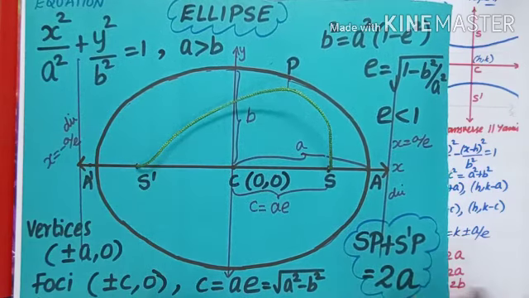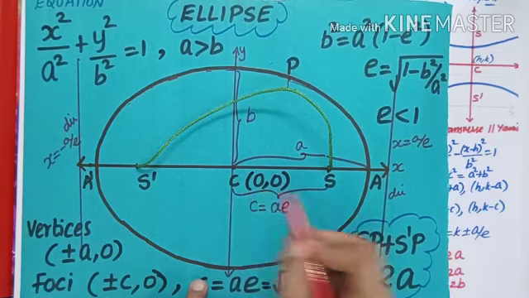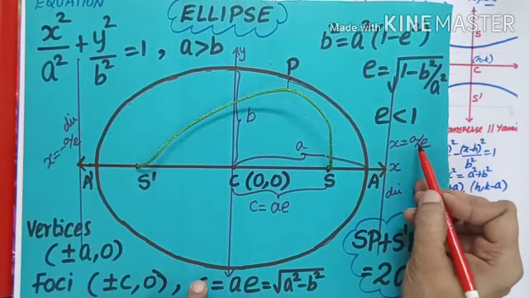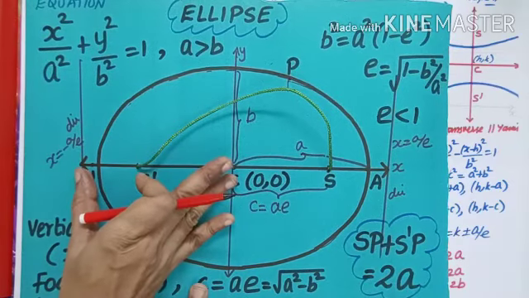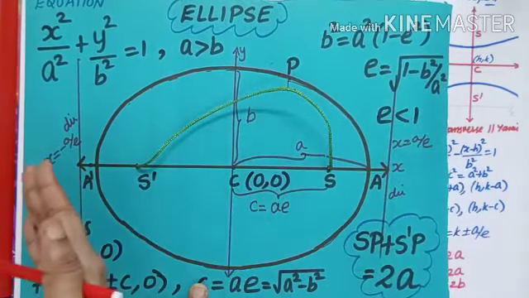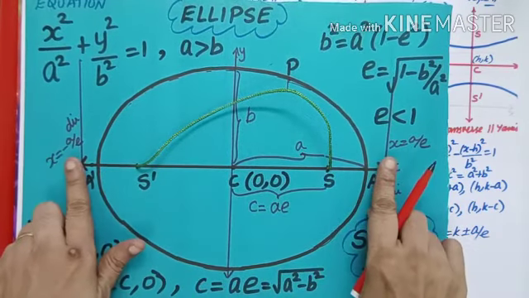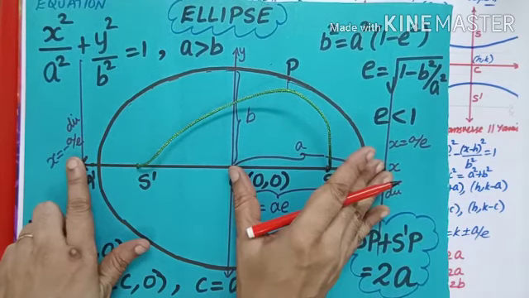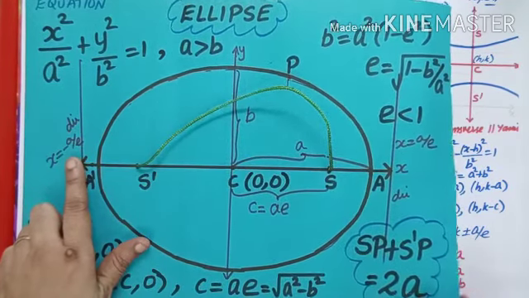The next idea, center to directrix. Center to directrix is a by e. Center to this directrix is also a by e. It comes in right plus a by e. It comes in left minus a by e. So what is the distance between the two directrices? Here a by e, here a by e, together 2a by e.